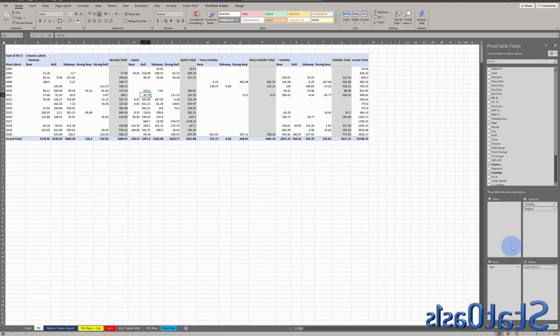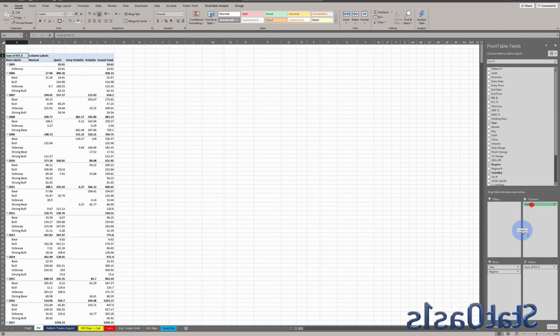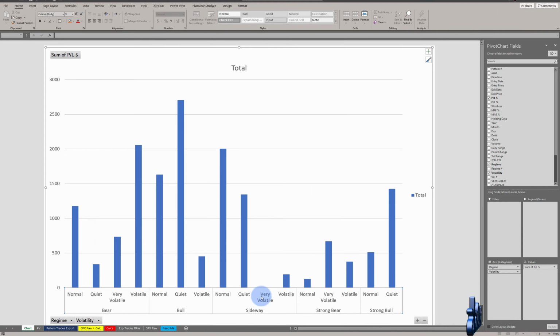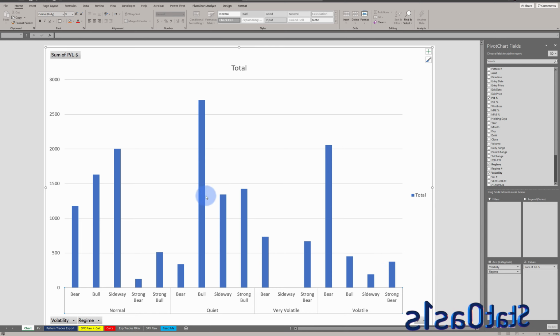So I can securely use this, knowing that I'm doing the right thing. I should trade only these markets, and it doesn't matter if you flip them. So now this is the market regime and the volatility. And remember, 1, 2, 3, 4, 5, 6, 7, and they are the same market if I flip them: 1, 2, 3, 4, 5, 6, 7.